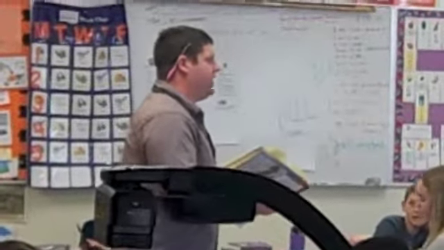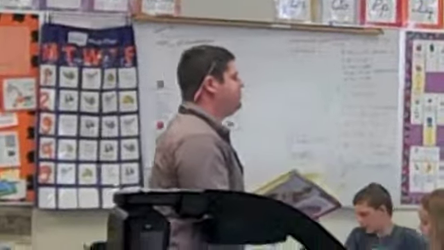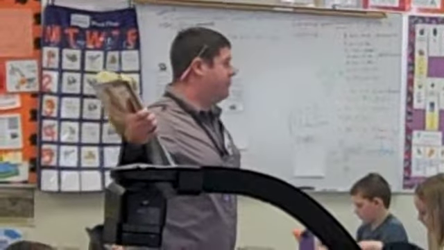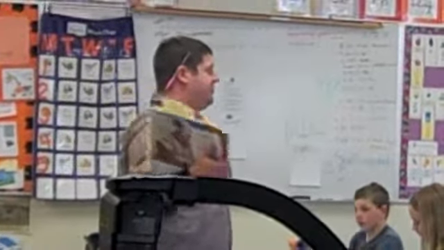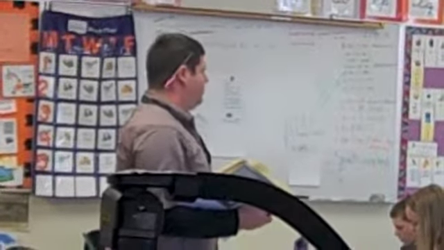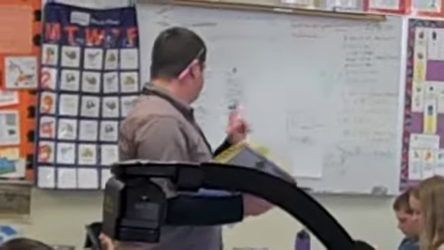Just a quick write. I'm not going to give you a lot of time. The most important thing is that you use at least one example from what I read to you to defend your answer. So how would you describe their relationship right now? Use one specific piece of information from what I read to you to defend your answer. I'm guessing a minute 20. See what you can get down.